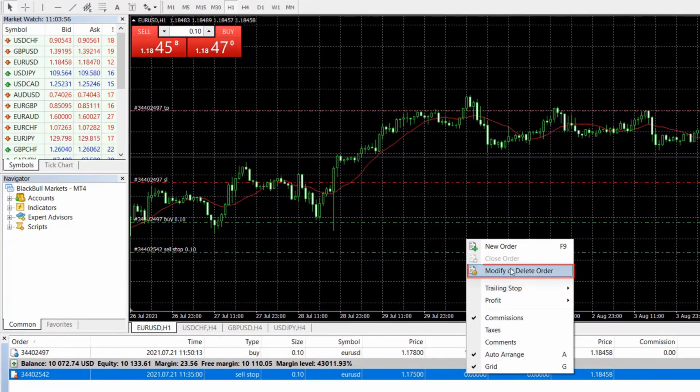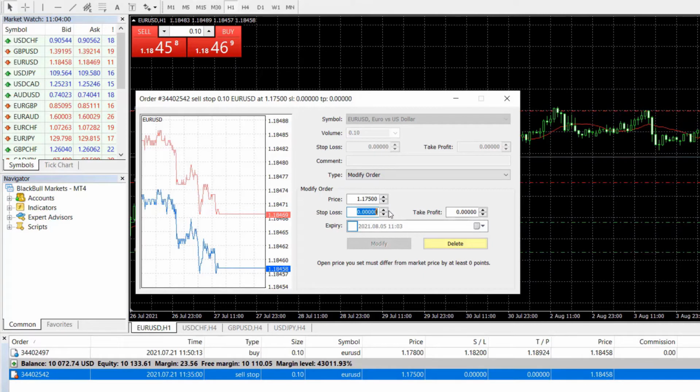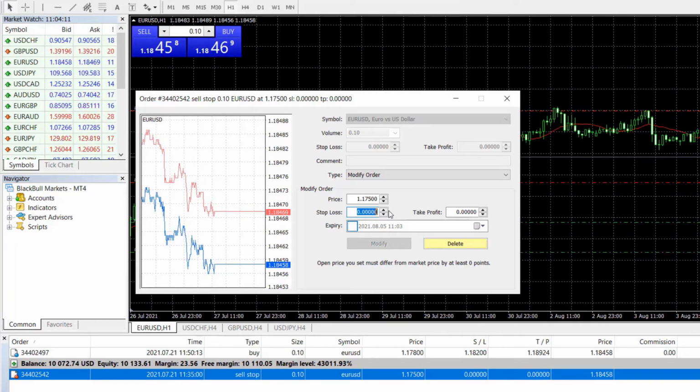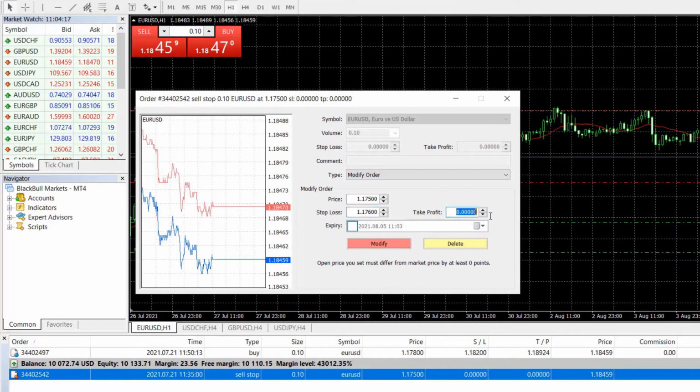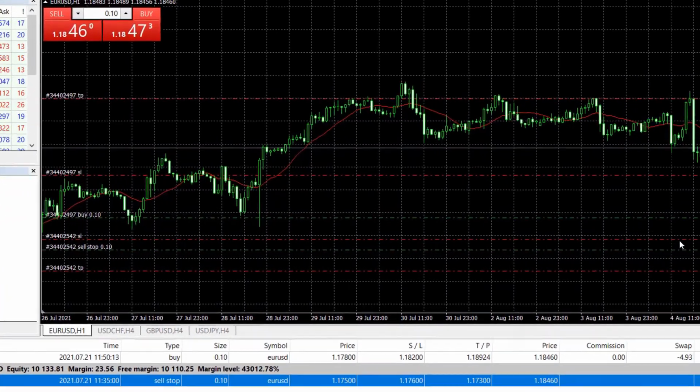You can modify, and the stop loss should be above the entry price this time, because this is a sell position. Okay, so if the entry price is 117.50, I can set a stop loss at 117.60 for example, and I can set a take profit at 117.30. And if I click on modify, you will see them right over here.